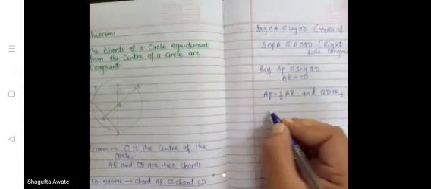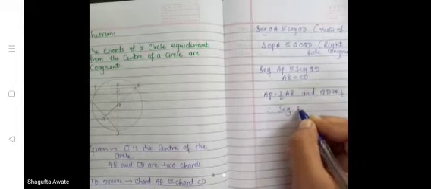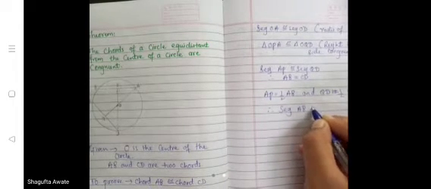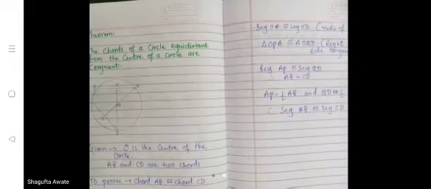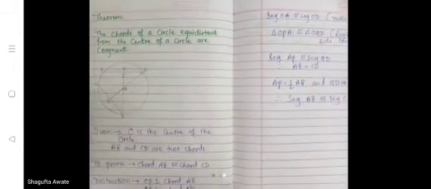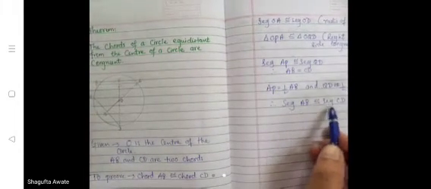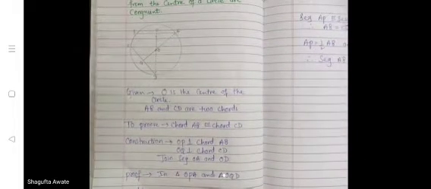So therefore we can say segment AB is congruent to segment CD, or we can say the chord AB is congruent to the chord CD. So here we have proved this.